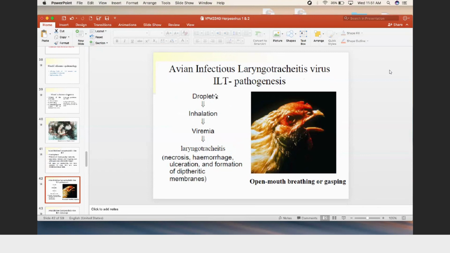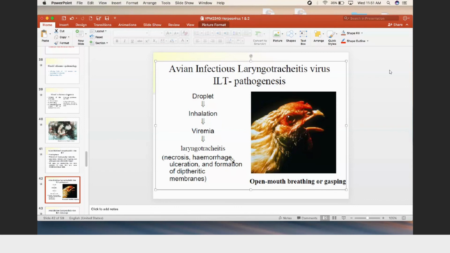Basically, the virus infects chicken through droplets and inhalation, causes viremia, and then after laryngotracheitis, the affected tissue becomes necrotic, and the necrotic material will block the airways.